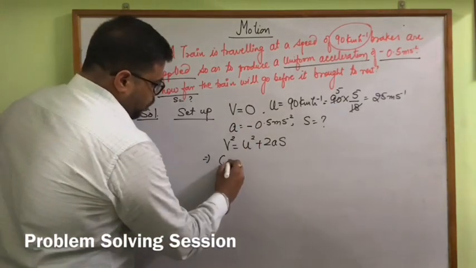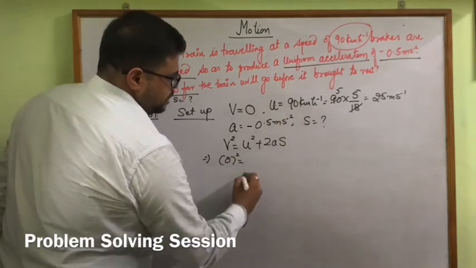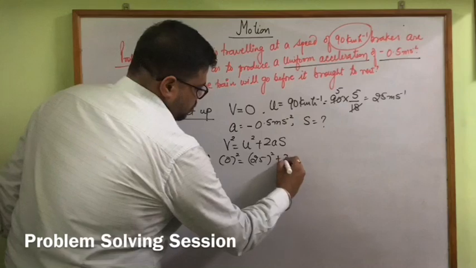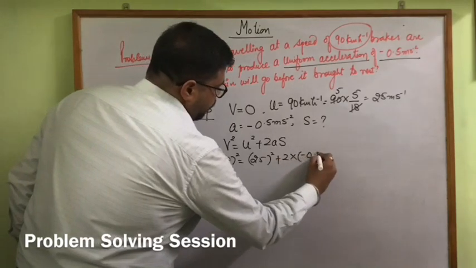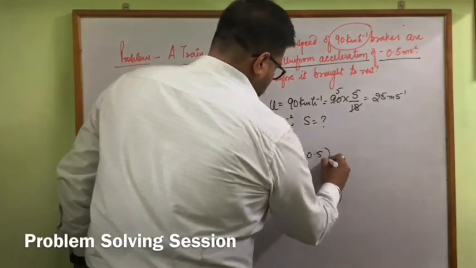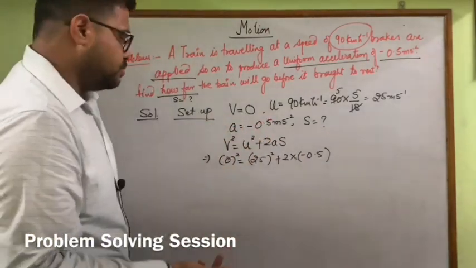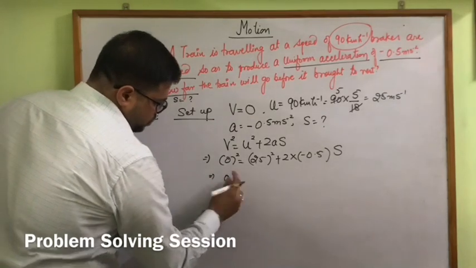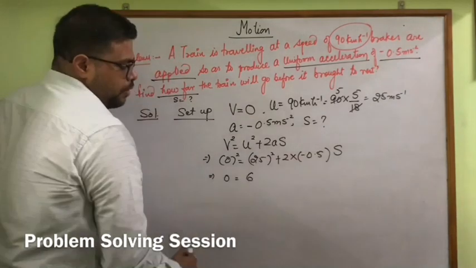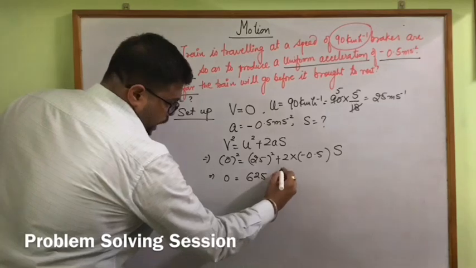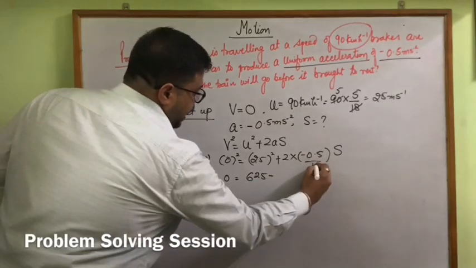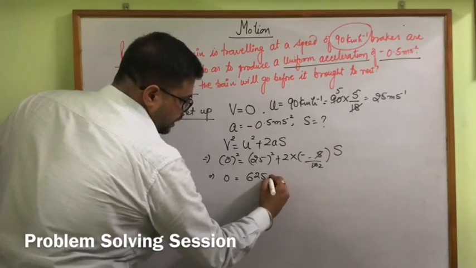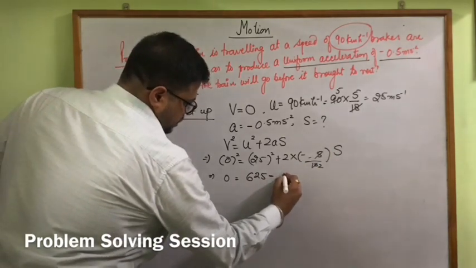So v square is already 0, u is 25 whole square. Now a is minus 0.5, then s we have to find out. So it is 0 equals 25 whole square, which is 625, then multiplying with the minus, it will be cancelled that way also, it becomes 2 times 1 minus s.